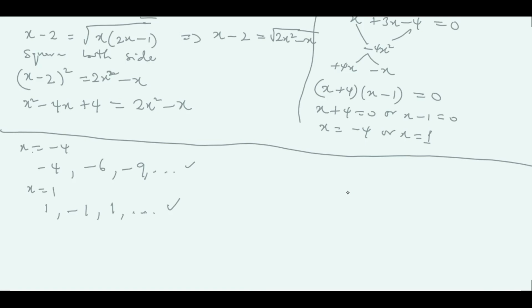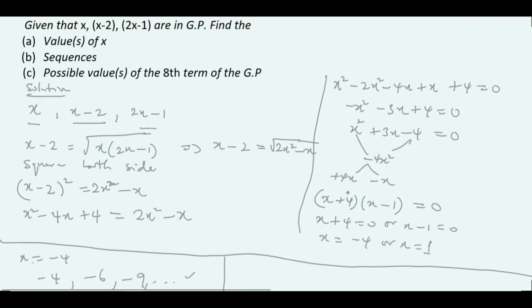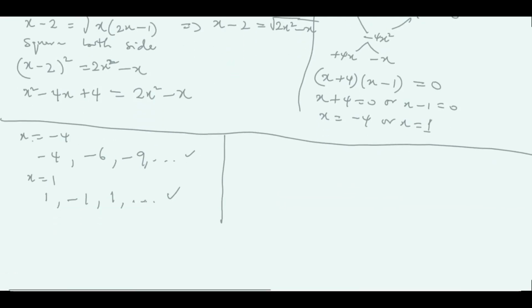Now the next question they ask us to do here, let us look at it. They say find the possible values. This is the B now: possible values of the 8th term of the GP.